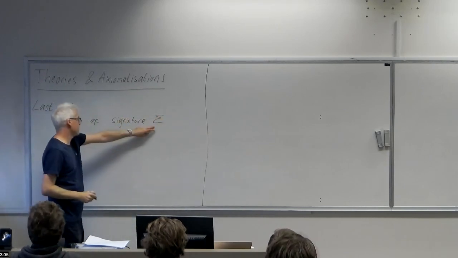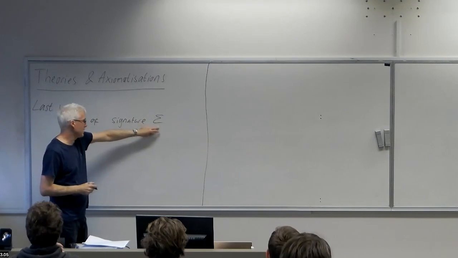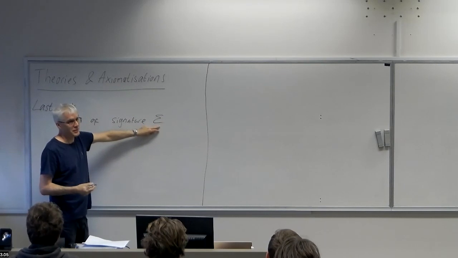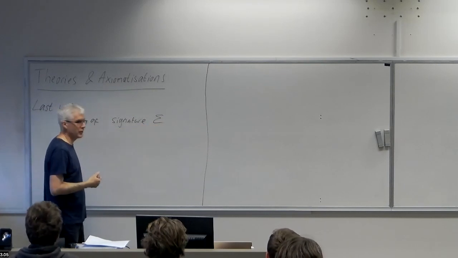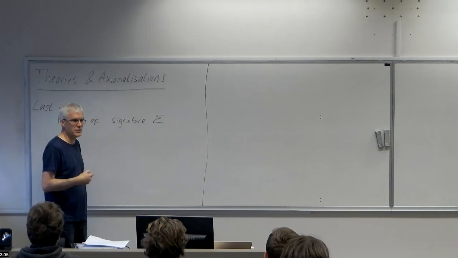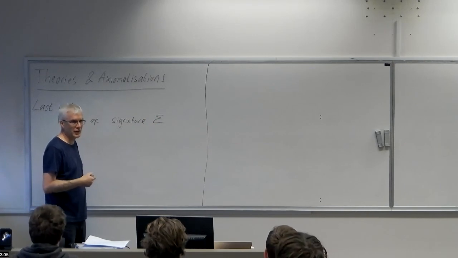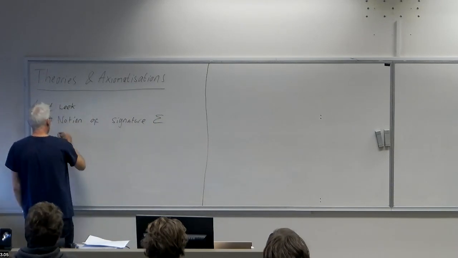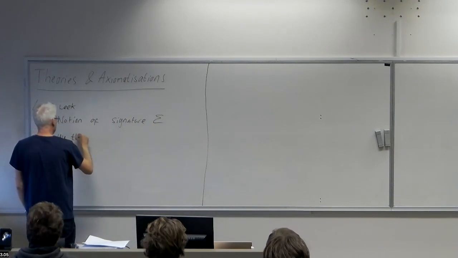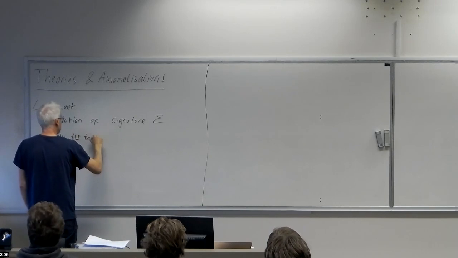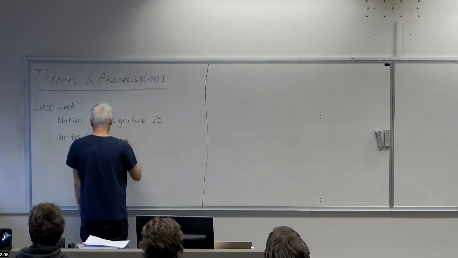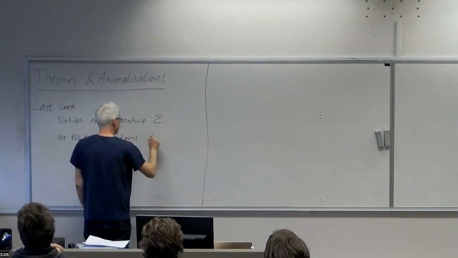So we have a signature, which is denoted using a capital sigma, and the signature gives us a vocabulary of function symbols, including constants, and predicate symbols, and we use this to form syntactic constructions out of the vocabulary, and those are in particular terms t.